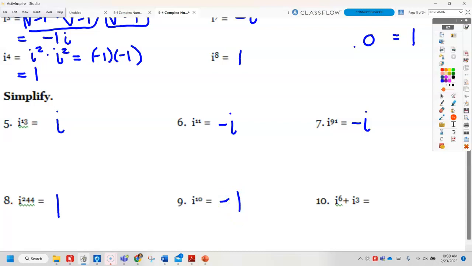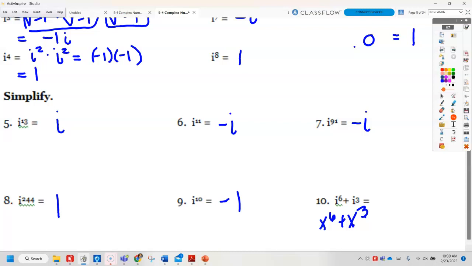i to the 6th and i cubed have to be treated like adding x to the 6th and x cubed. Can you add x to the 6th and x cubed together? No, because they're not like terms. So i to the 6th and i cubed are not like terms. They are not equal to i to the 9th.